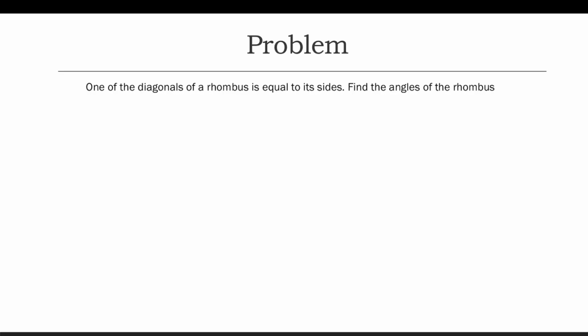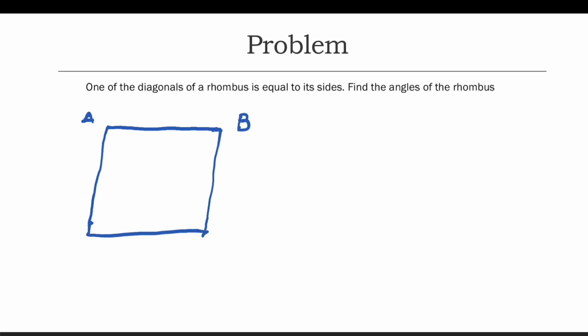one. One of the diagonals of a rhombus is equal to its sides. Find the angles of the rhombus. Now, this might look like a one line problem, and it actually is if we think about it properly. So what is a rhombus?